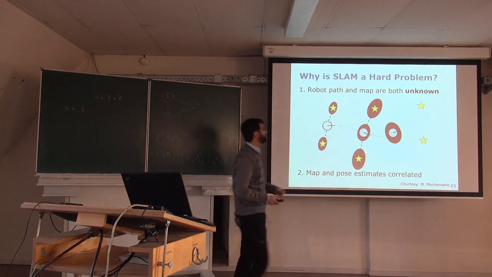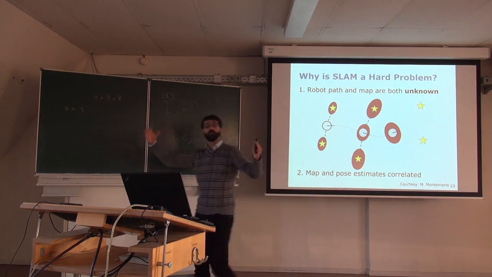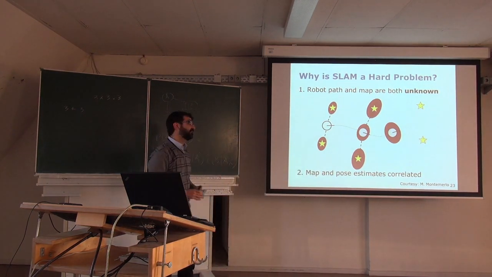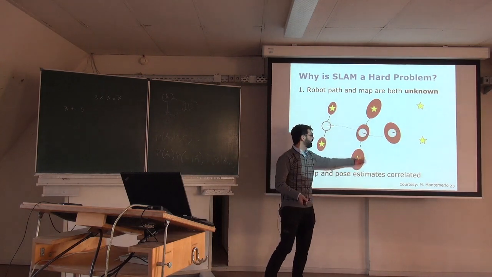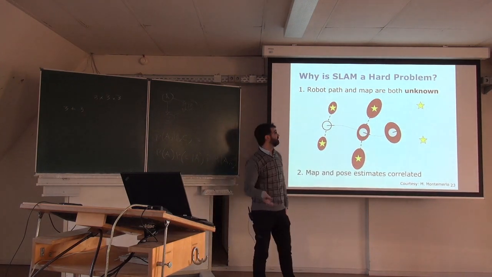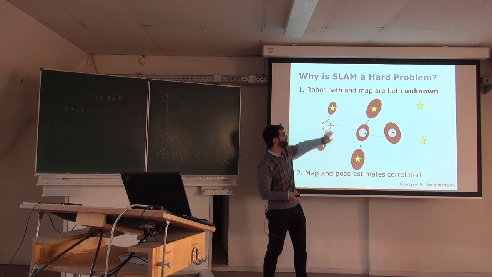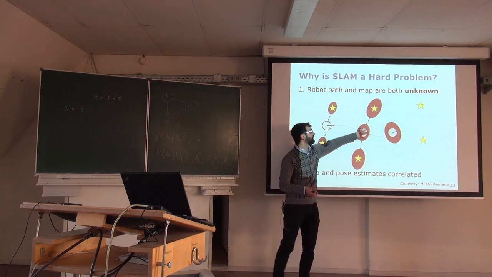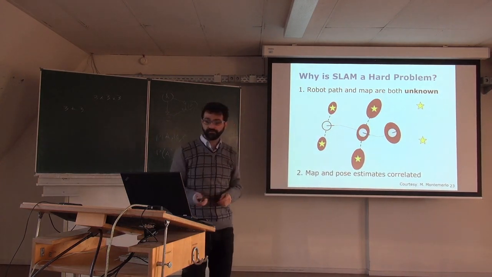And you can imagine that if this goes on and on, this uncertainty will always grow, and grow. And in principle, the uncertainty of a landmark can never be better than the initial uncertainty when you first observe it.